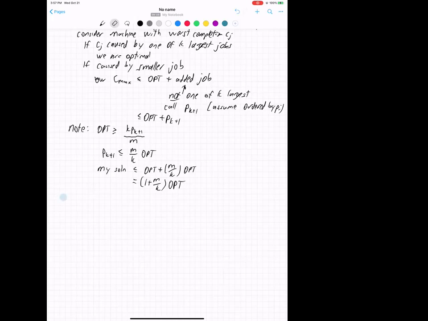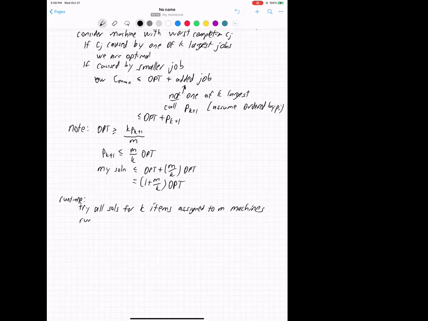Now, what's the runtime of this algorithm? Well, I have to try all solutions for k items being assigned to m machines, in order to find the optimum for the k biggest jobs.